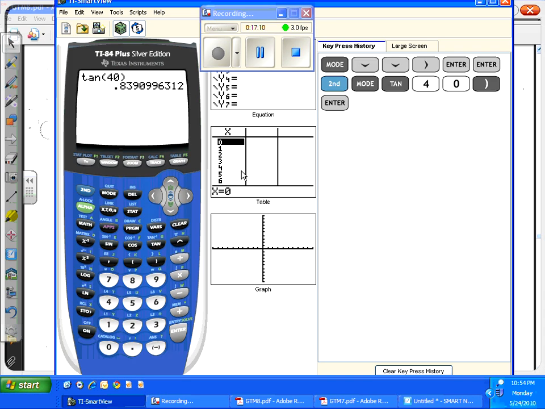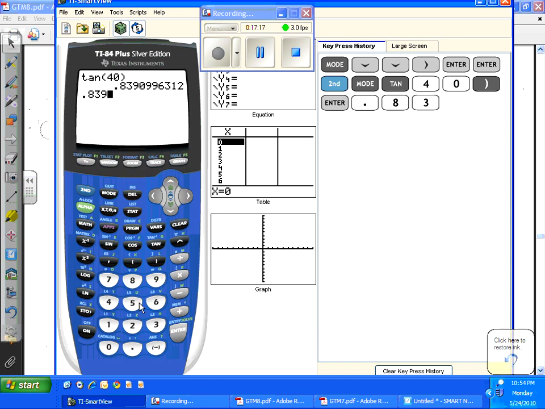Now we could have left that all in the calculator, and it would be more accurate to just leave that and go times 6 instead of rounding first. We'll round it to 2 decimal places, 5.03.